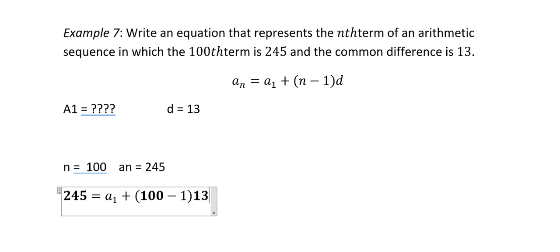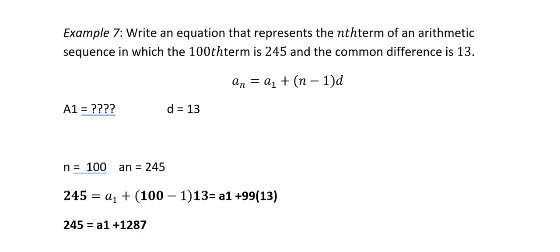So we can use this to find a sub 1. We have all that information, then we'll plug in a sub 1 and come up with our equation. Alright, so if we simplify this part of it, this just becomes a sub 1 plus 99 times 13. So we get that 245 equals a sub 1 plus 1287.